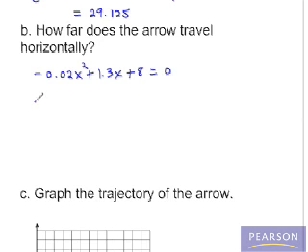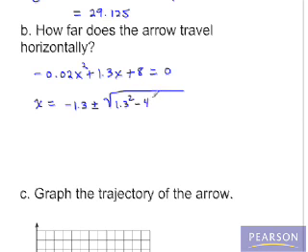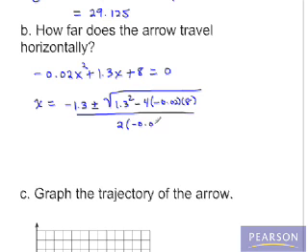We have x equals negative b, negative 1.3, plus or minus the square root of b squared, 1.3 squared, minus 4 times a, a is negative 0.02, times c, which is 8, all of that over 2 times a, or 2 times negative 0.02.